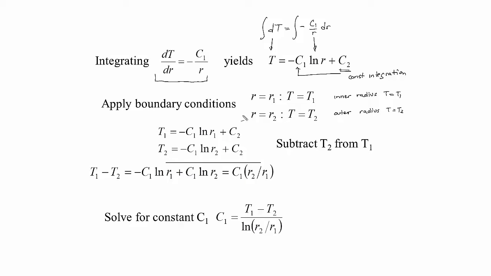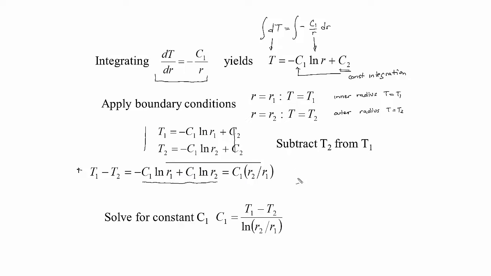The simplest way to do that is to substitute T1 and T2 into this relationship for the temperature that we just integrated, and simply subtract, because by subtracting we get rid of the C2s. The C2s are going to cancel out. We get that T1 minus T2 is equal to this relationship in terms of ln R1 and R2.